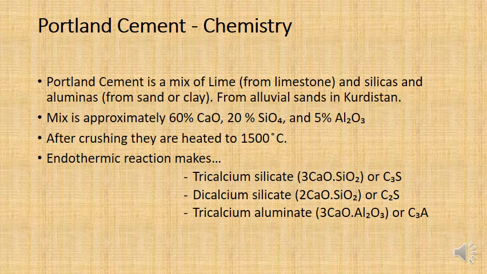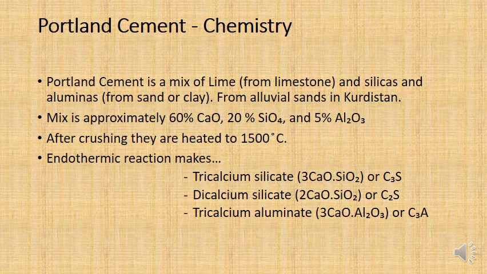What happens is you mix those two ingredients together, the crushed limestone and the alluvial sands, and you can build Portland cement out of it. Now the mix proportion is about 60% calcium oxide, 20% silicates or silicas, and 5% aluminas.